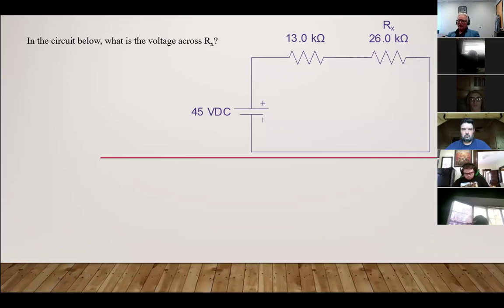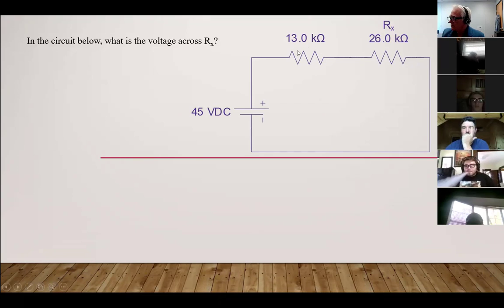So what's the voltage across this one? 30 volts to RX. How'd you come up with that? Well, RX is twice the resistance of the other resistor.